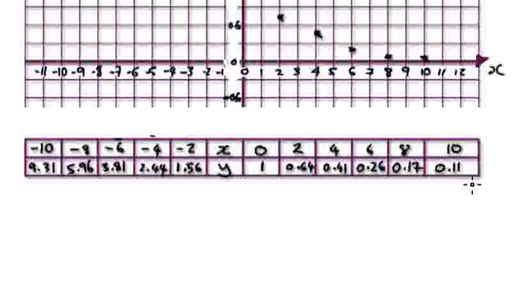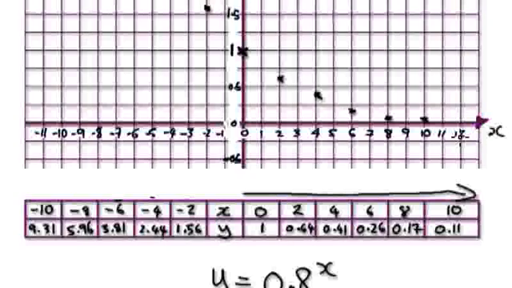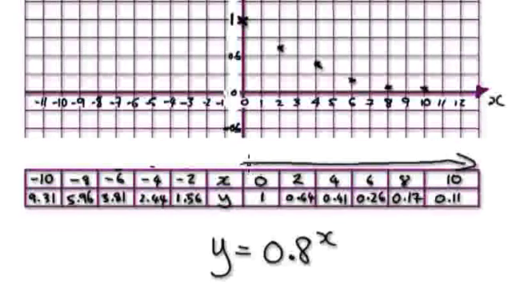Okay, so let's look at this here. We are trying to investigate y equals 0.8 to the power of x. In the positive direction, hopefully you would have understood. I've covered that in the previous video. So it goes down.